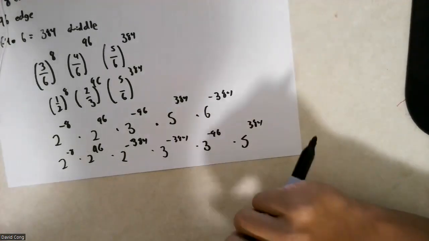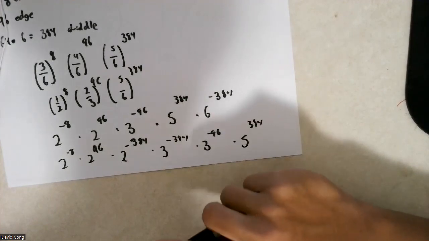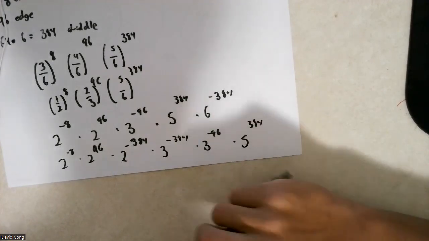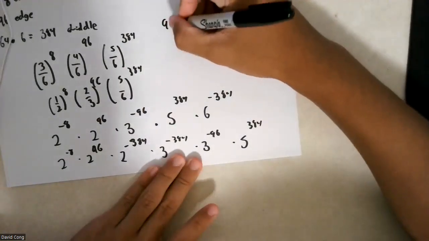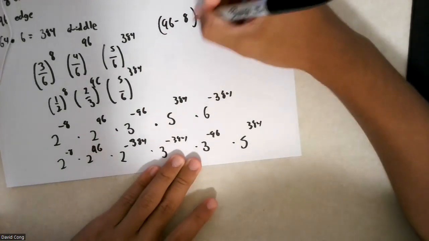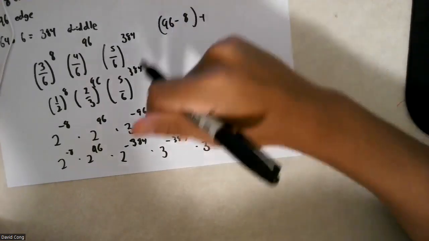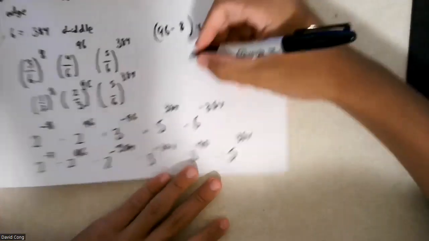And all that's left to do is add. We have 2 to the A, so A is 96 minus 8 minus 384. B is minus 384 minus 96.